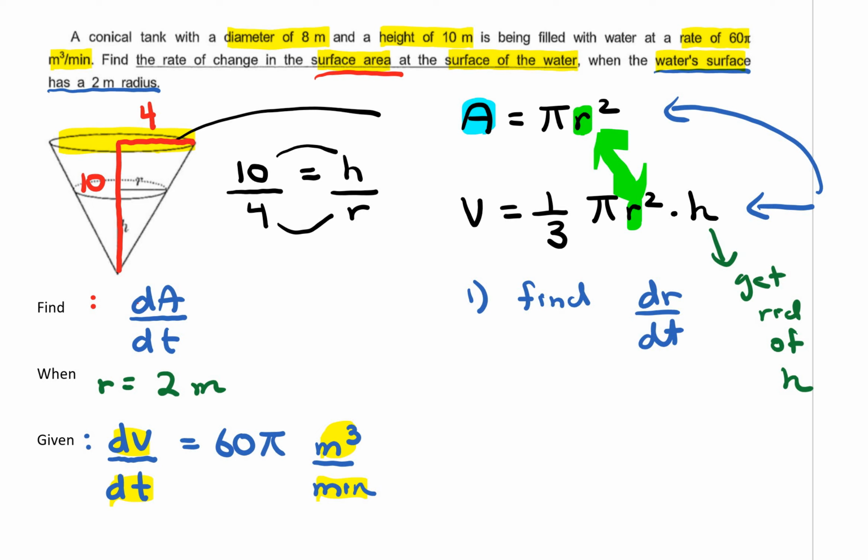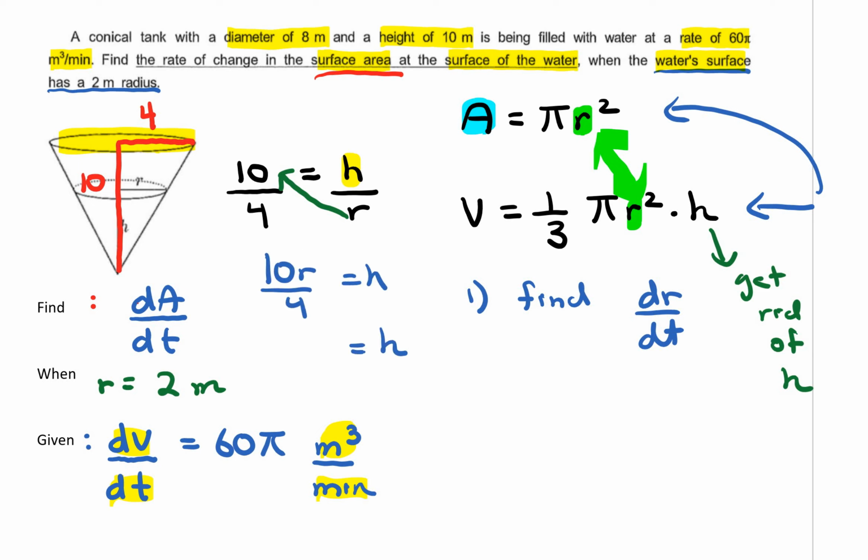Okay, so there's my ratio right there. And if I solve for h now, you really just have to make one move here. You just move the r over there, and I get 10r over 4 equals h. And if I simplify this, 10 divided by 4 is going to be 5 over 2 r.